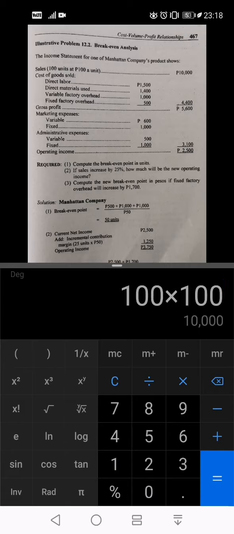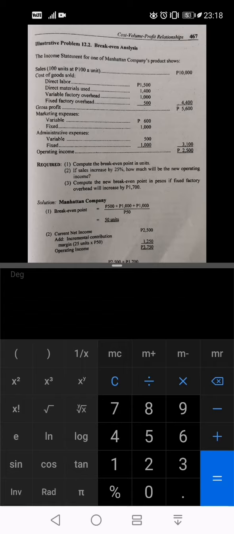Cost of goods sold: direct labor 1,500, direct materials 1,400, variable factory overhead 1,000, fixed factory overhead 500 pesos, for a total of 4,400.